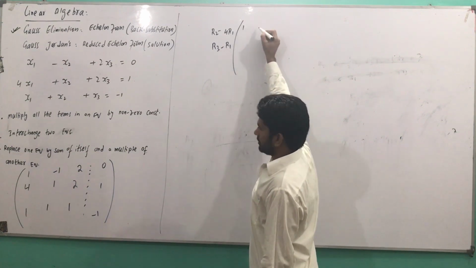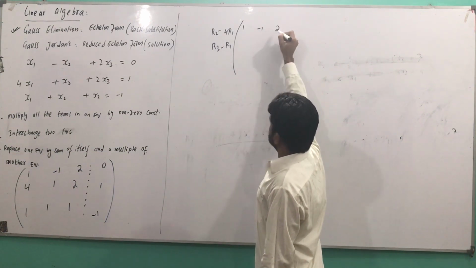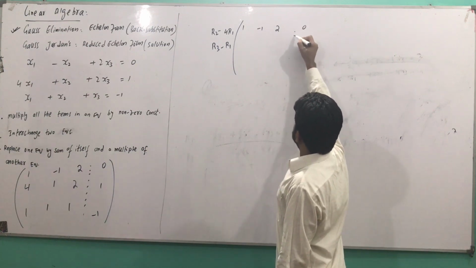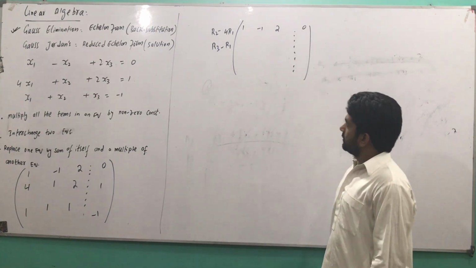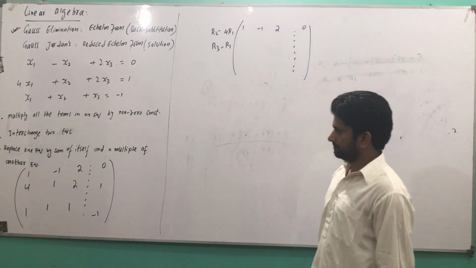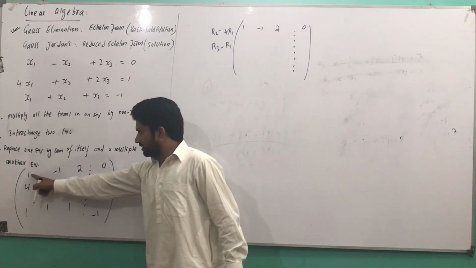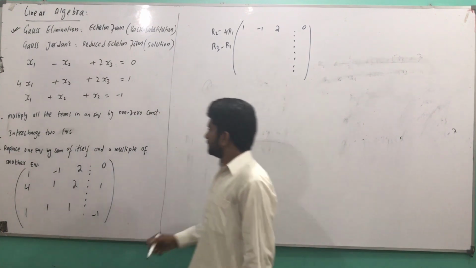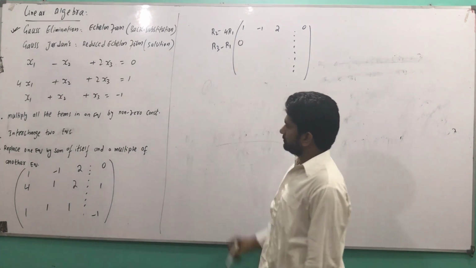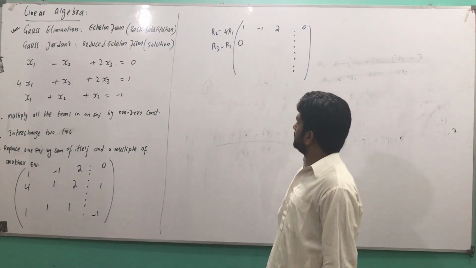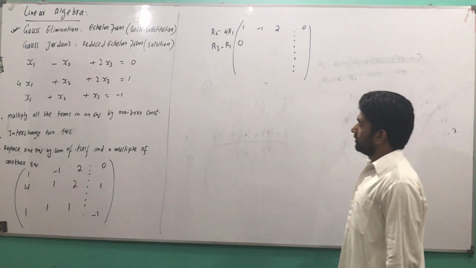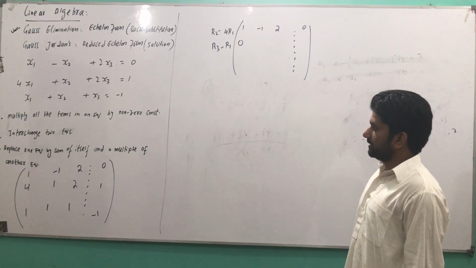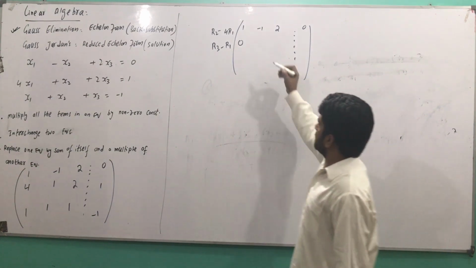First row stays as it is: 1, minus 1, 2 and 0, and here you have some change. First R2, look at this. 4 times 1 is 4, minus 4, you have 0. Similarly, when you multiply this by 4, it will become plus 4. 1 plus 4 is 5.